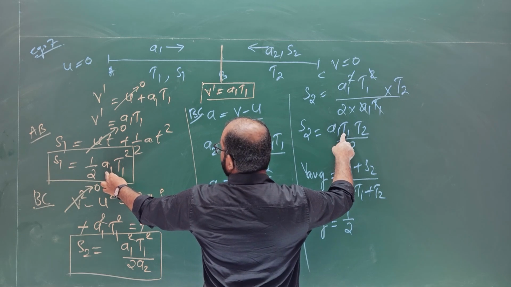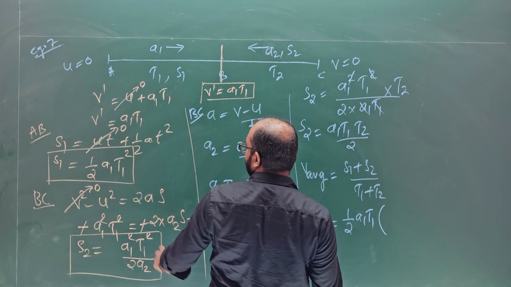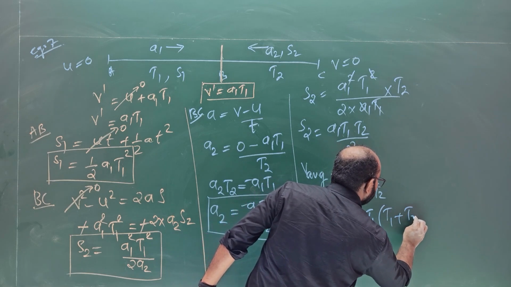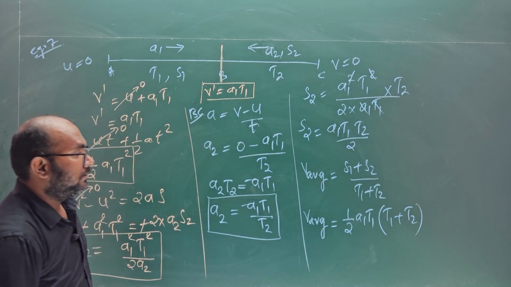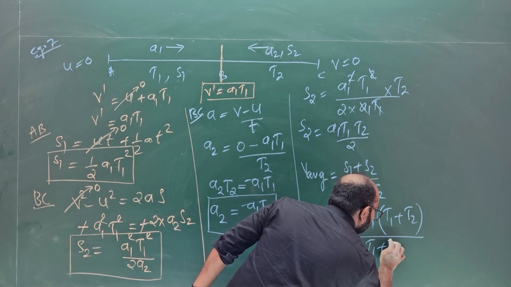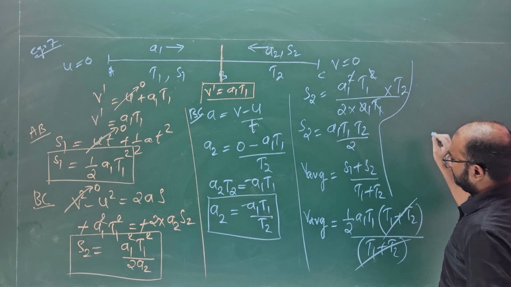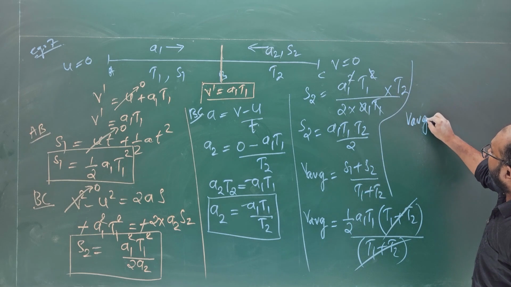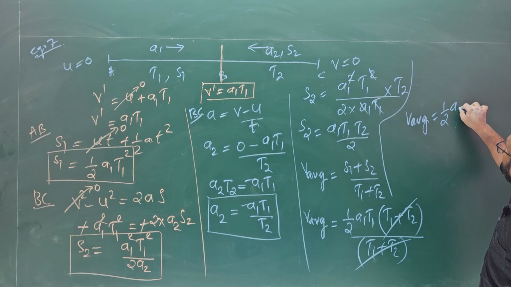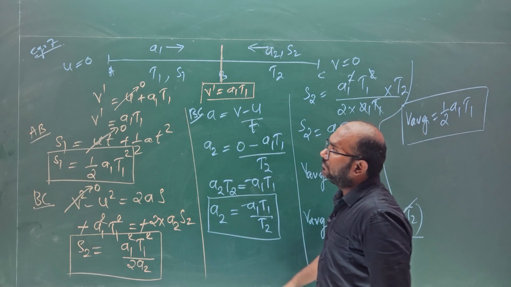A1 and T1 get common. Left out is T1 plus T2, divided by T1 plus T2. So final answer is average speed is nothing but half of A1 T1. Okay.